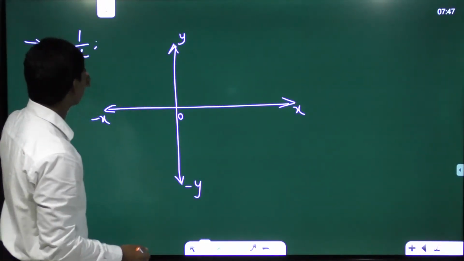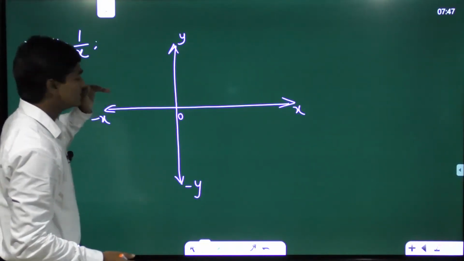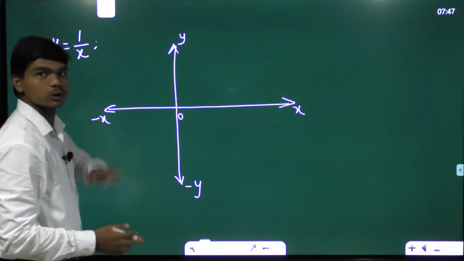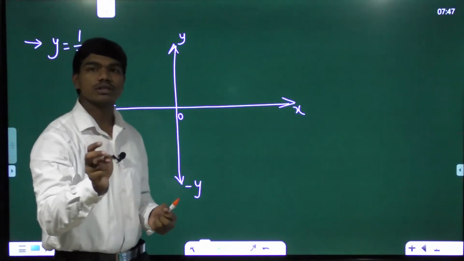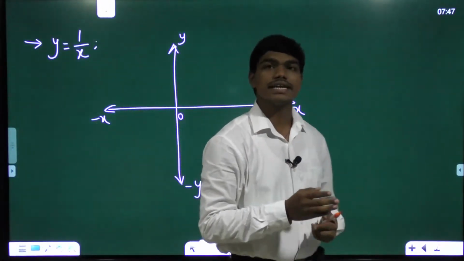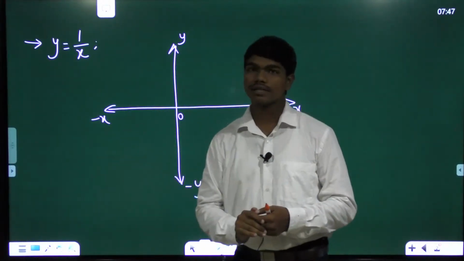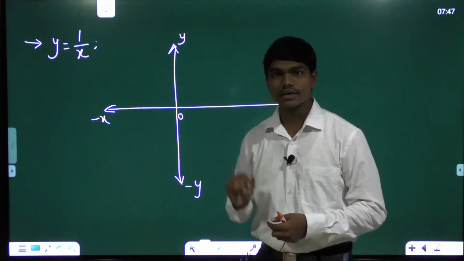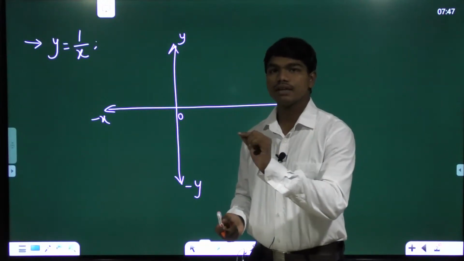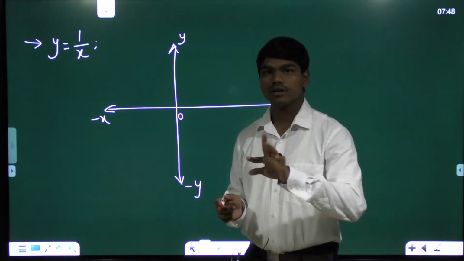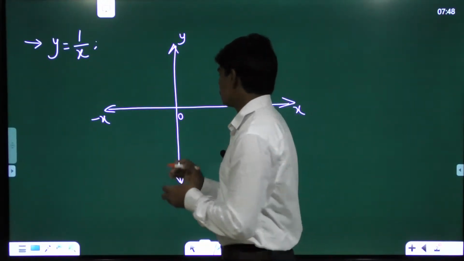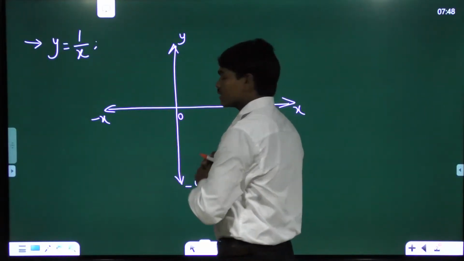If x is positive, definitely y is also positive. Similarly, if x is negative, y is also negative, which means x and y are simultaneously either positive or negative, which means the graph lies only in the first and third quadrants. Correct? Because in the second and fourth quadrants, one of the ordinates is positive and the other is negative. So we have the graph only in the first and third quadrants.